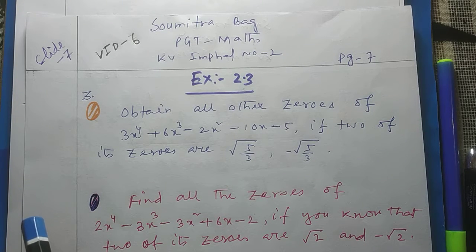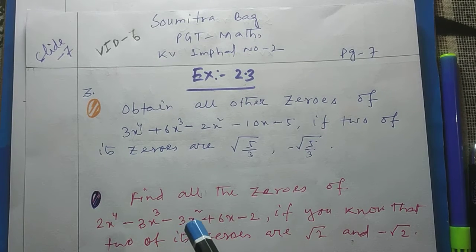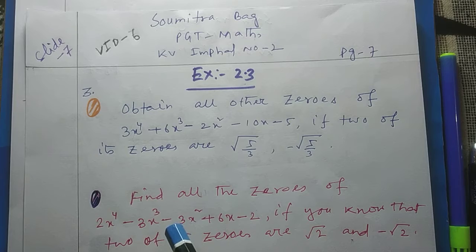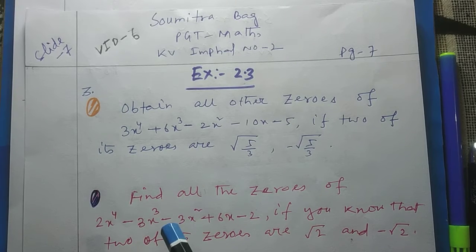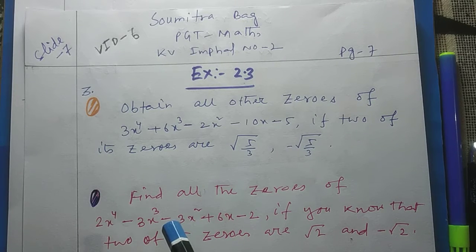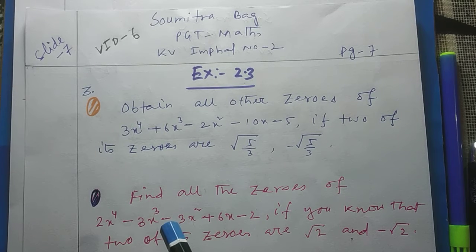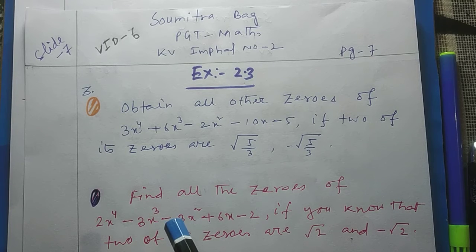Now let us see how to find them. This type of maths can be solved in 3 steps: step 1, step 2 and step 3. Now let us know what is to be done in every step. In the first step, we have to create the factors from the given problems.